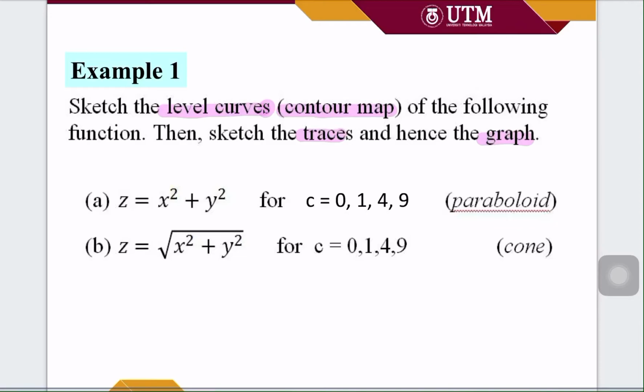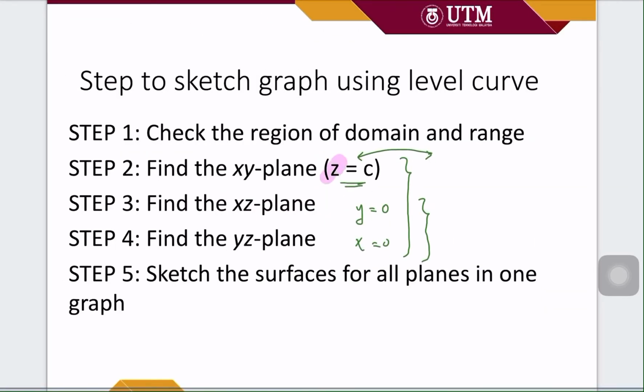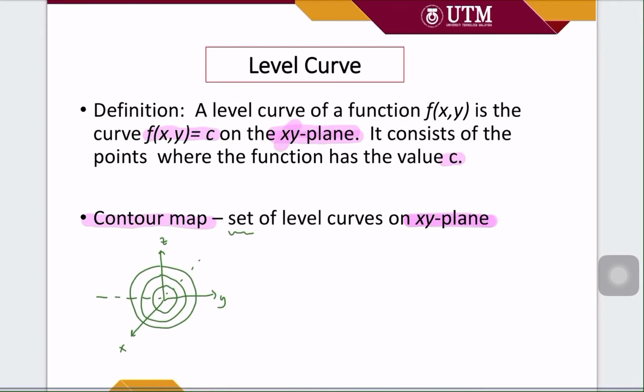Now we want to look at the first equation here, z equal to x squared plus y squared, and we want the level curves for c equal to 0, 1, 4, and 9. What is c? C is the value for z. Where is it? At the xy plane. Remember, it is at the xy plane.